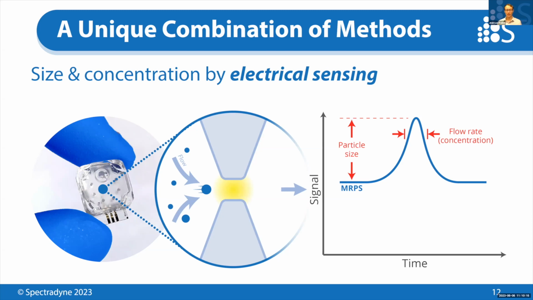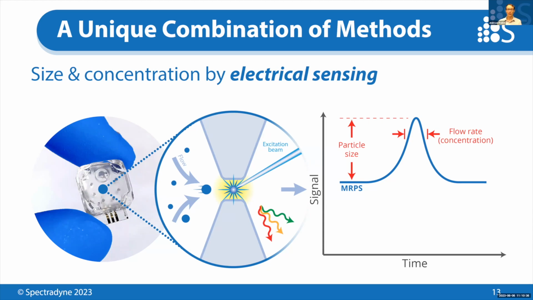And actually it's based on the Coulter principle. It's just a nanoscale version of the Coulter principle, which has been a gold standard for measuring large particles and cells for decades. It's the foundation of Beckman-Coulter. Now in the ARC, what we're doing is exciting the particles with a laser at the exact moment that we're measuring them electrically.